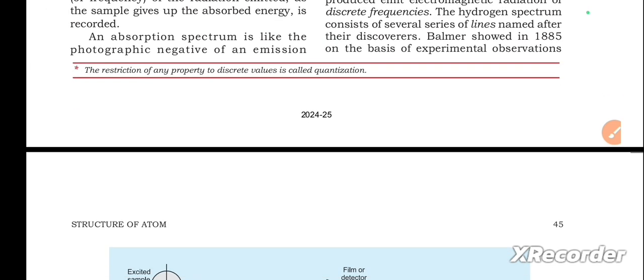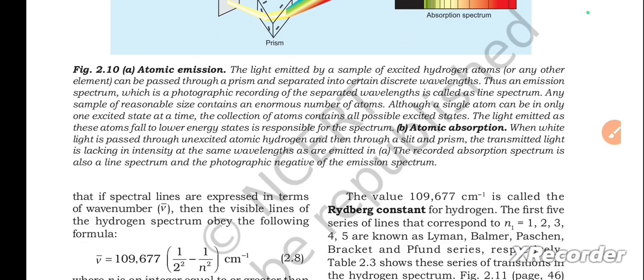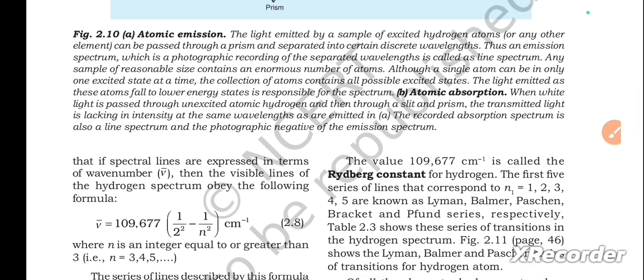Balmer showed in 1885 on the basis of experimental observations that if spectral lines are expressed in terms of wave number, then the visible lines of the hydrogen spectrum obey the following formula.